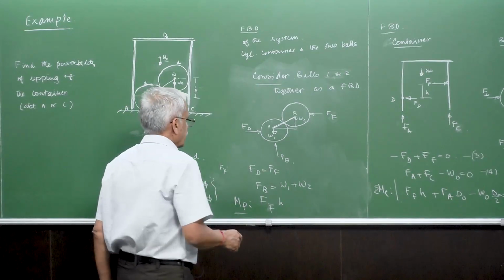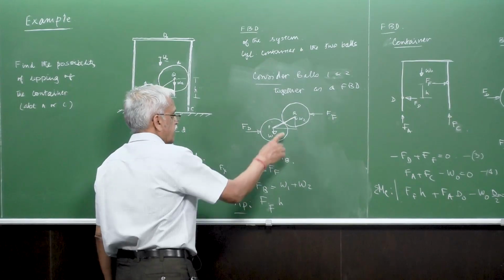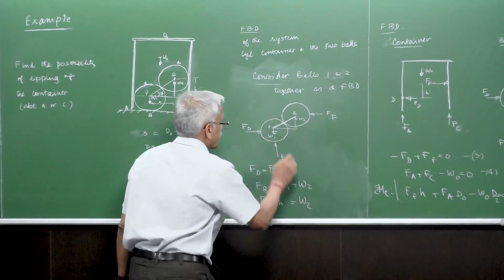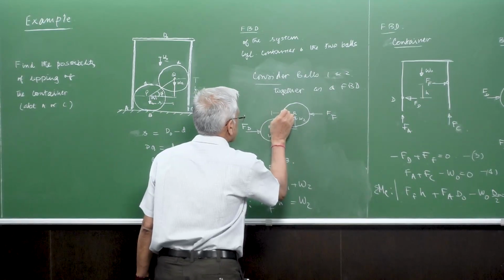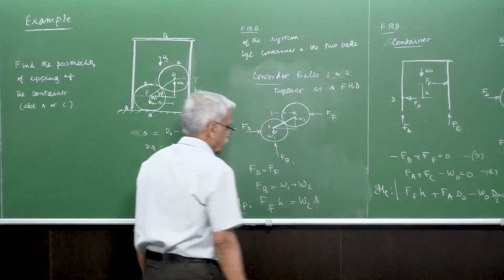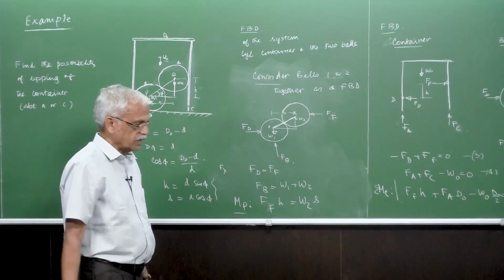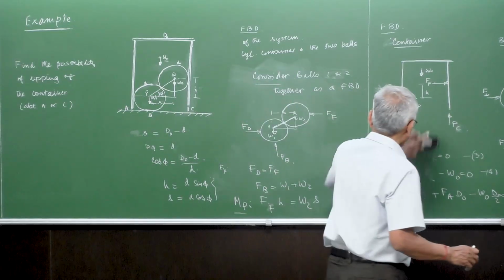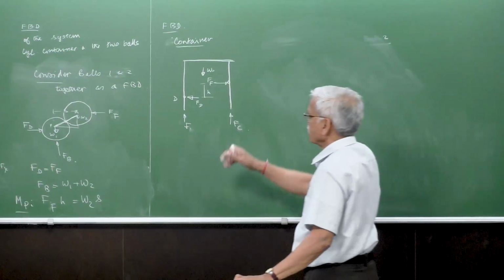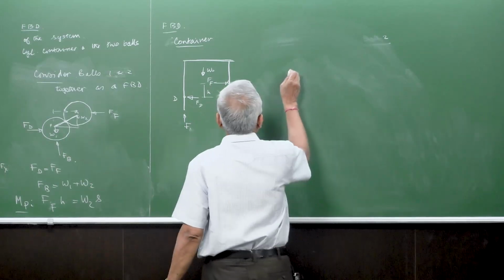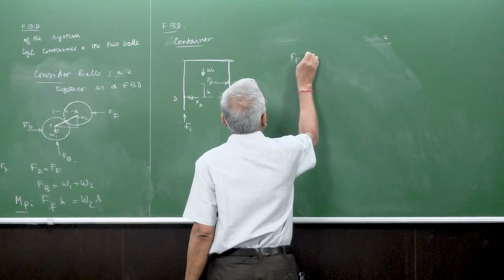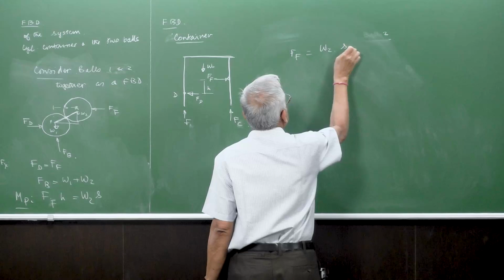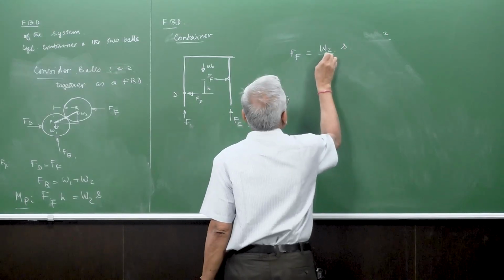So we have FF times H is equal to W2 times the horizontal distance S. So we have solved for FF. FF is equal to W2 times S divided by H.